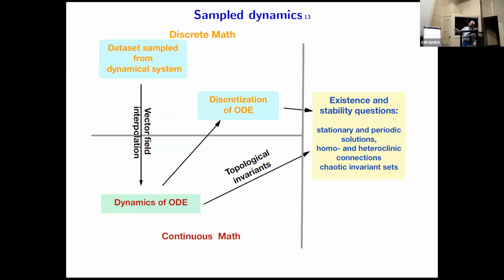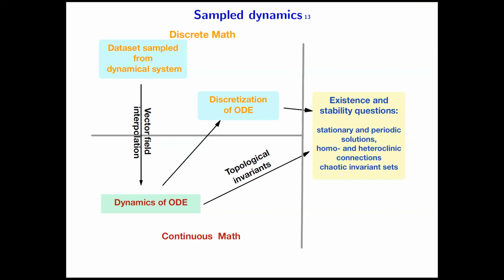And clearly, you start in the world of discrete mathematics, a finite piece of a time series or a cloud of vectors. Then you build something which is in classical continuous mathematics, because here the tools are very well developed. And then you discretize again to something completely different. You discretize just to use the tool to get the conclusions.